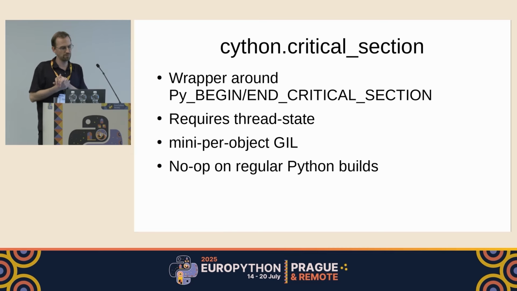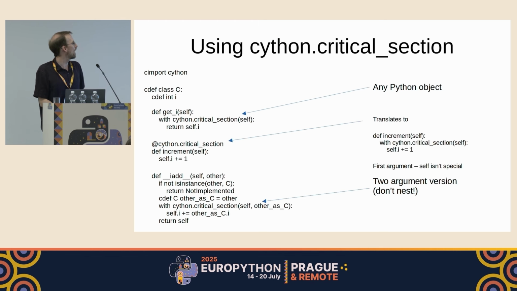The second thing we provide is Cython critical section. Critical section is something that's built into Python as a tool they use to make things work. It's kind of a mini per-object global interpreter lock, and it's a no-op on regular Python builds.